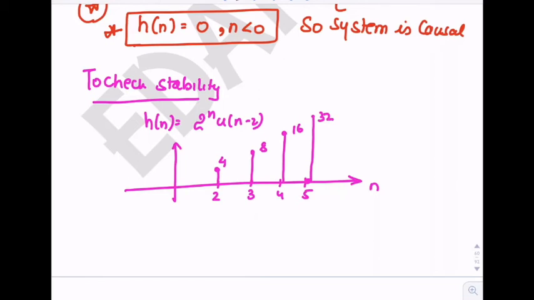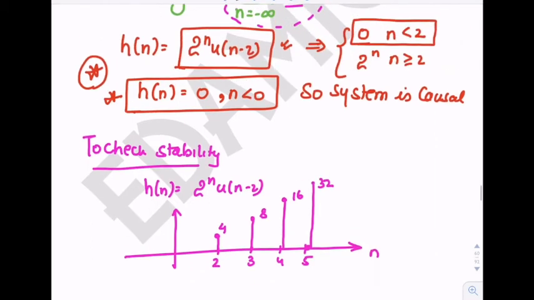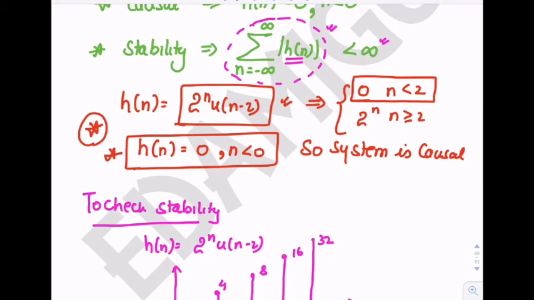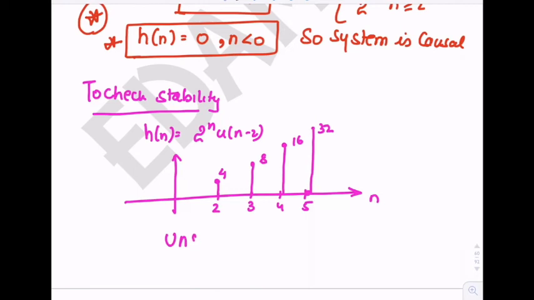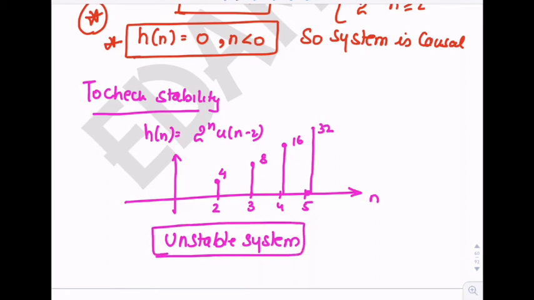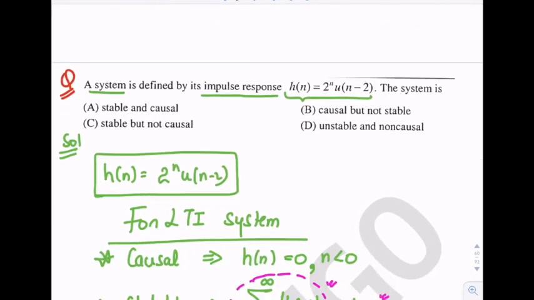We can see that h[n] is a rising signal, so it will not be absolutely summable, and thus it will not satisfy this condition, and that's why it will be an unstable system. So the answer to this question is that it is causal but not stable. So B is the correct answer.